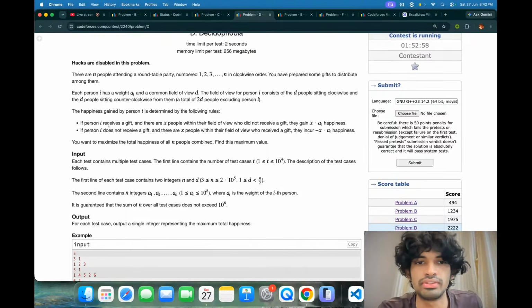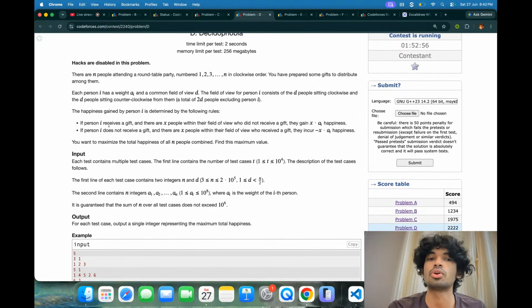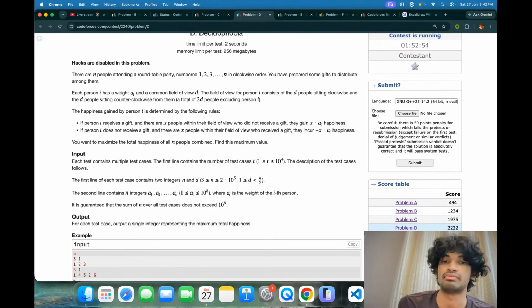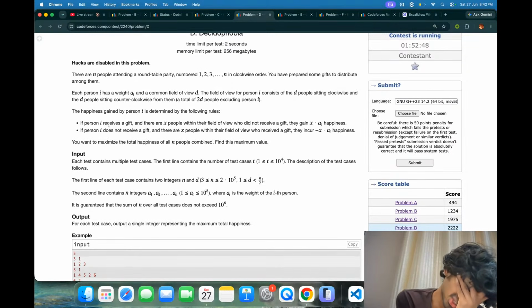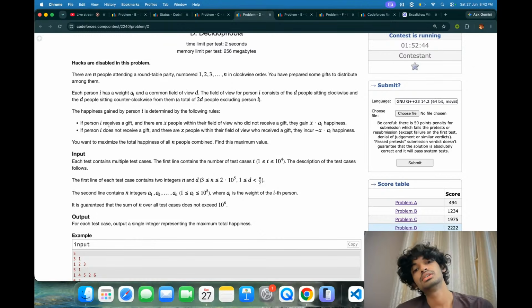It's like a 0 1 thing. You want to maximize the total happiness of the combined value, find this maximum value. D less than n by 2 is another thing that's given here. Yeah, that makes sense because it's pointless to have it greater than or equal to n.